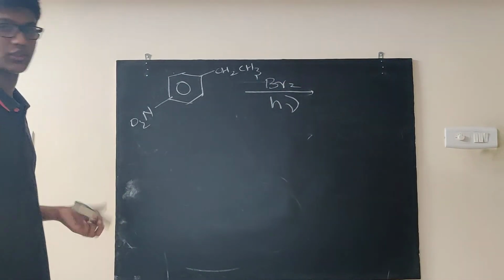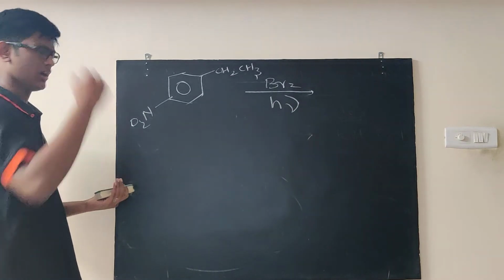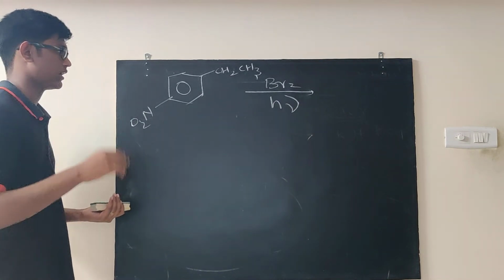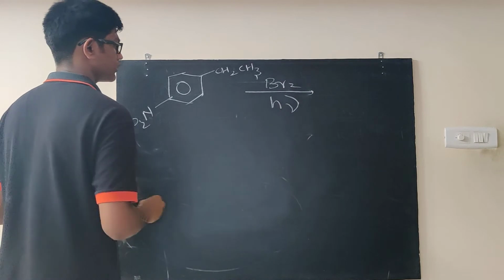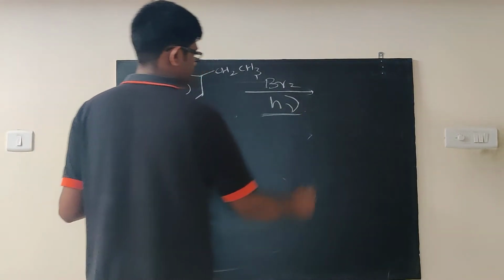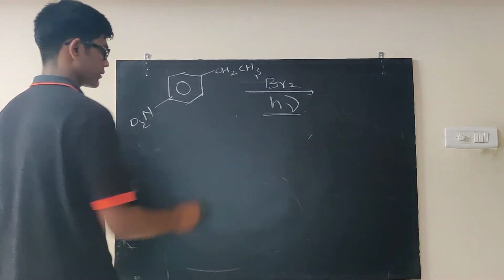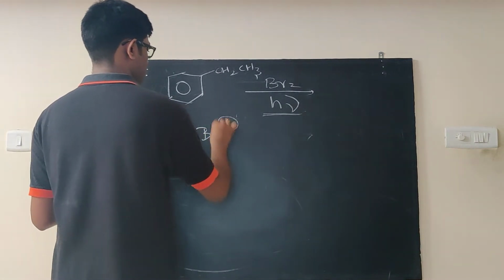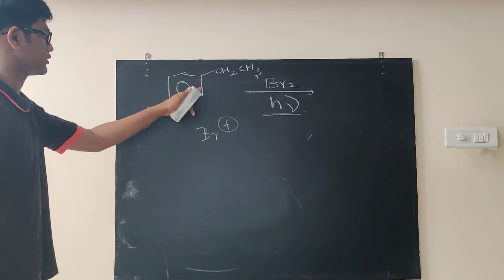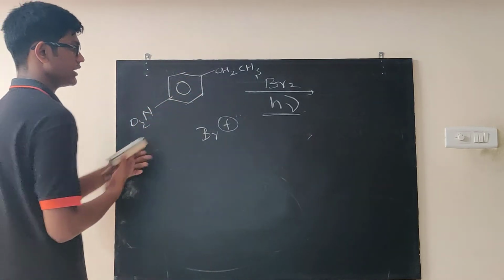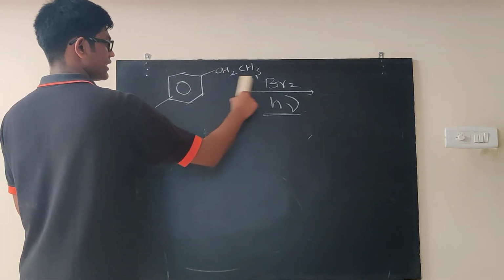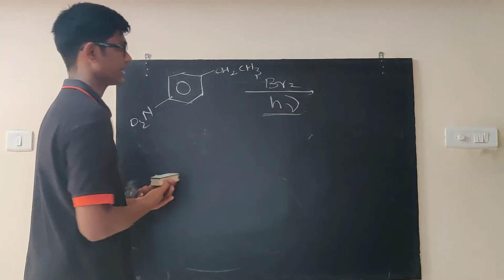This NO2 is given to confuse you, so you start thinking, okay, meta directing, ortho meta directing, blah blah blah. What should I do? But you've got to first stop and look at this. It's bromine in the presence of UV light, which means you will never get Br plus. Only if you have Br plus will you have aromatic electrophilic substitution at any of these sites. Else, in H nu you will only have side chain halogenation because it will give me a free radical.